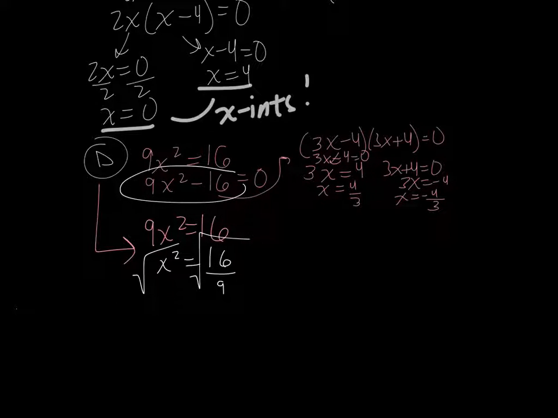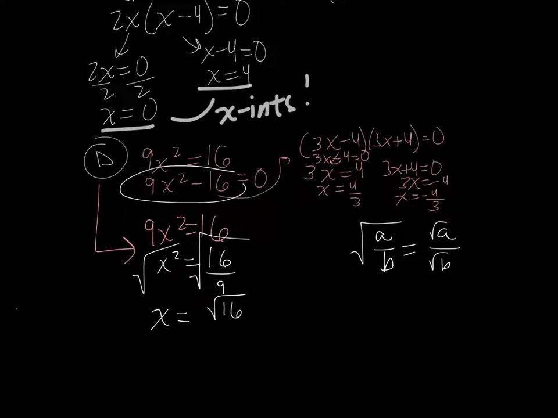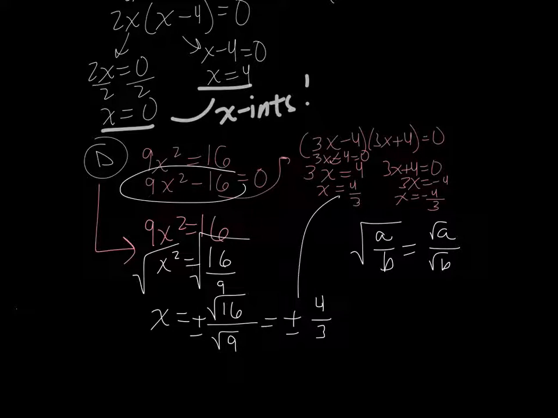Now, a characteristic of square roots, I'm just going to put this on the side, is that I can rewrite them like that. So x equals the square root of 16 over the square root of 9. And here I do have to account for both the positive and the negative square root, which equals the positive and negative square root of 4 over 3, which again is our answer from before.